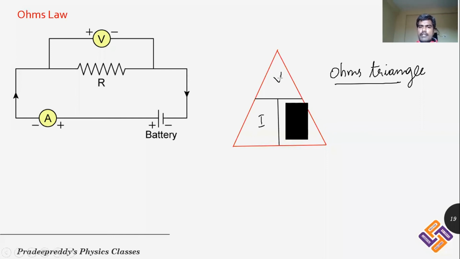Then you are left with V and I. Therefore R will be equal to V by I. This is a very simple way you can remember equations for voltage, current and resistance. So V is equal to IR: close V so that you get IR. I is equal to V by R: close I, you will get V by R. Similarly, close R, you will get V by I. This is Ohm's triangle.